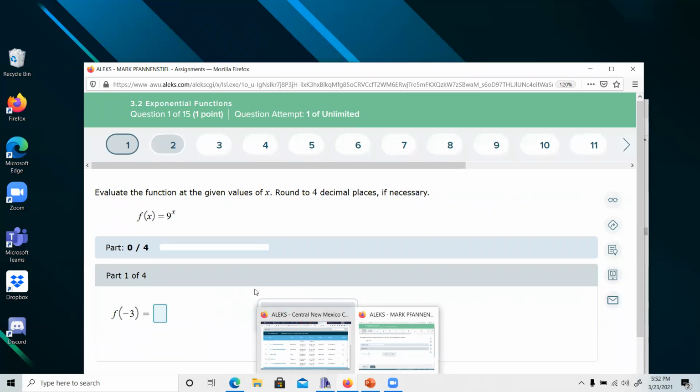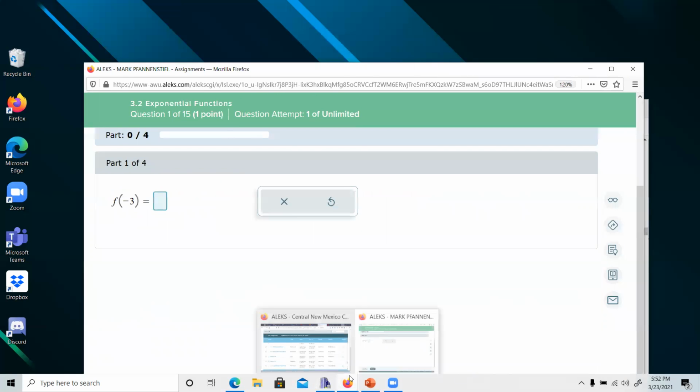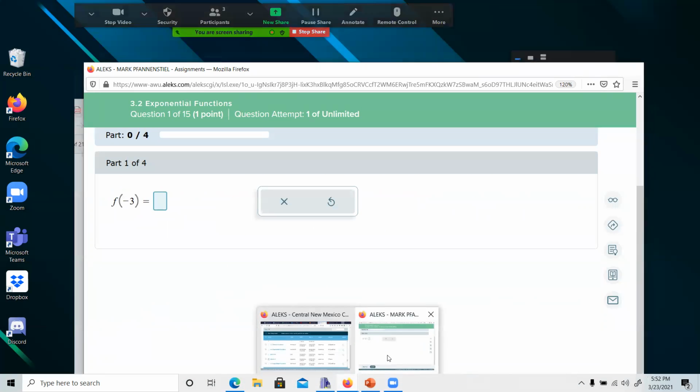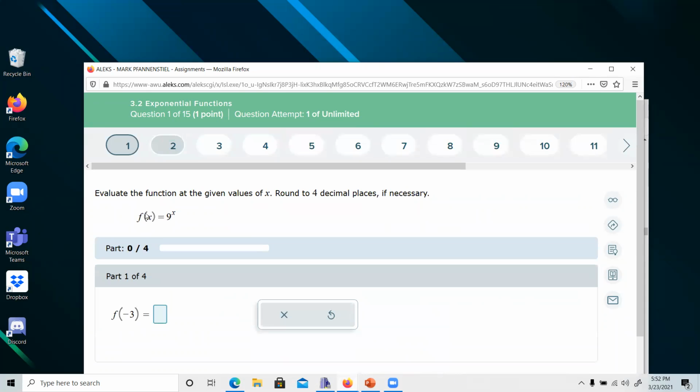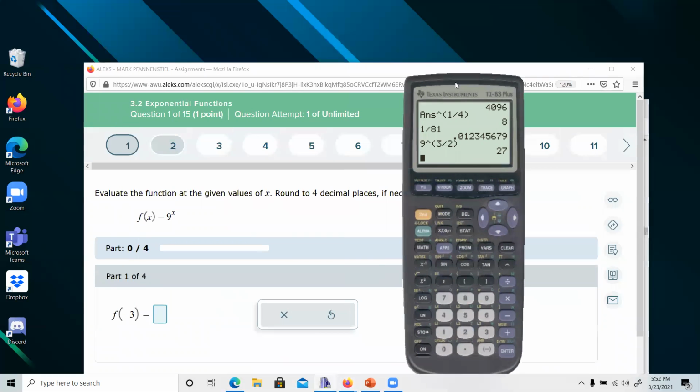Most of this is going to be, I mean, how many problems are there? There's 15. Most of the problems at the beginning of this section are things like, can we get used to the idea of typing this in our calculators? I know that a lot of this is going to be a little bit easier, but I also know this is the first time for a lot of people. So parentheses, and we have to hit negative. We have to hit this negative.